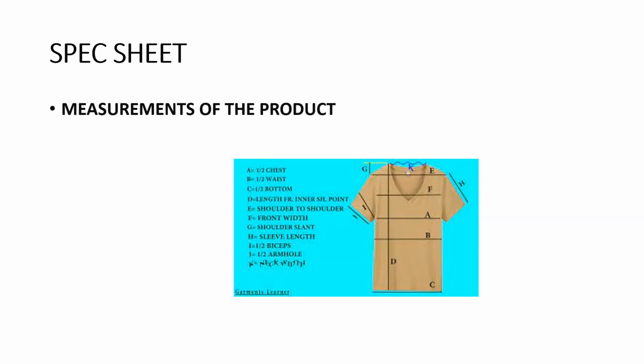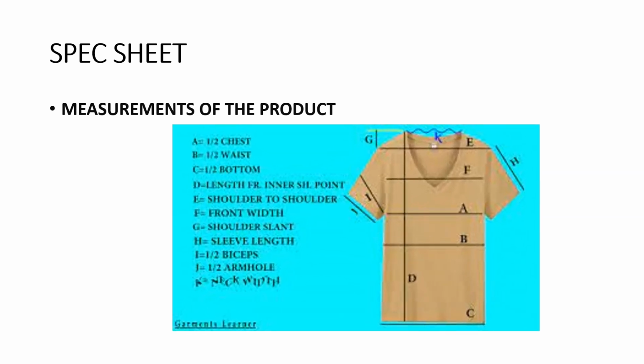By seeing the sample of that garment, he can modify the specification sheet a little. So that type of scope also is there inside the specification sheet. So the measurement of the product is one of the important areas of the specification sheet for that reason.